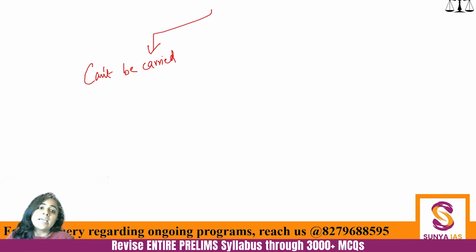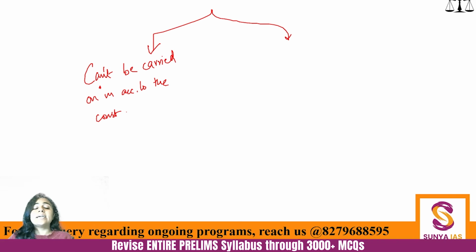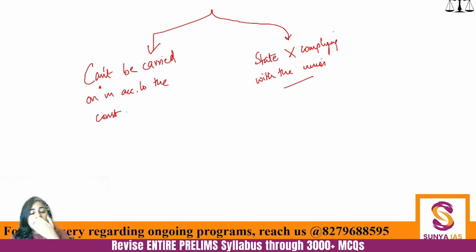The second condition is that the state has failed to comply with the directions of the union. So there are two issues on the basis of which there can be president's rule in a particular state.